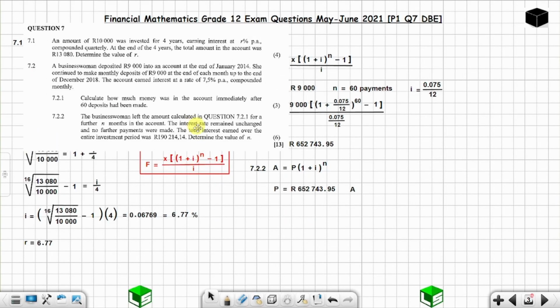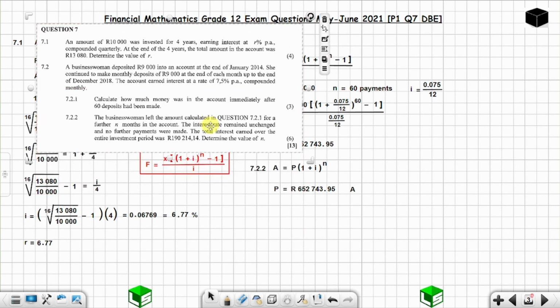Let me put the question here. The businesswoman left the amount calculated in question 7.2.1 for further n months in the account. The interest rate remained unchanged and no further payments were made. The total interest over the entire investment period was this.